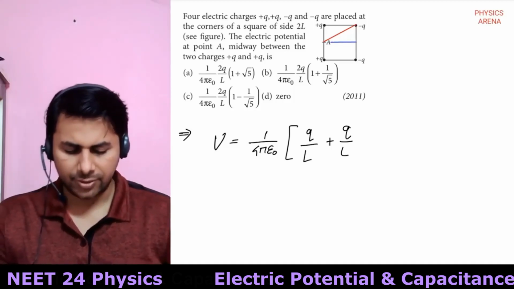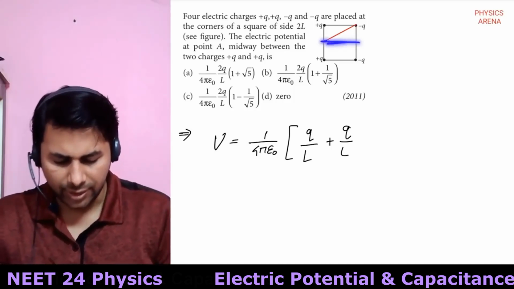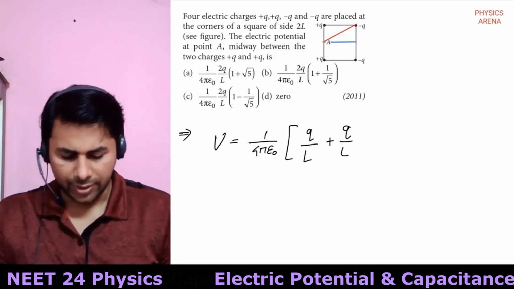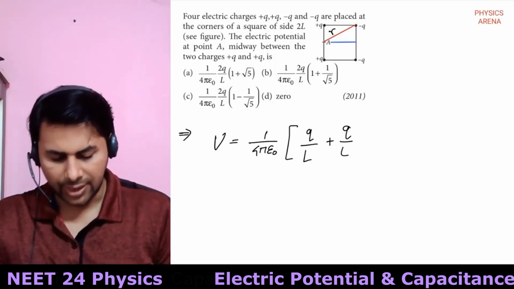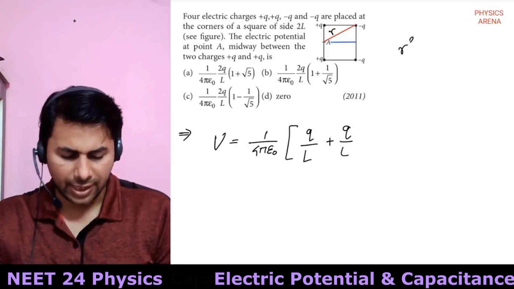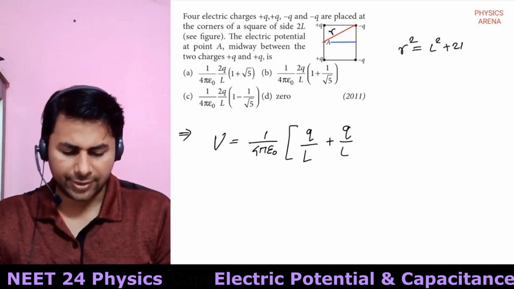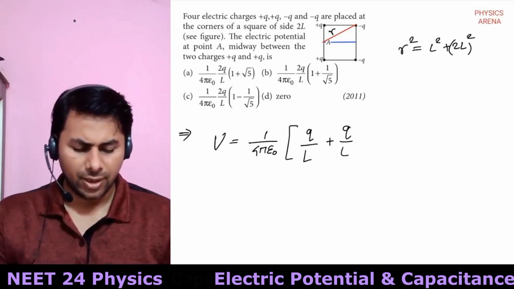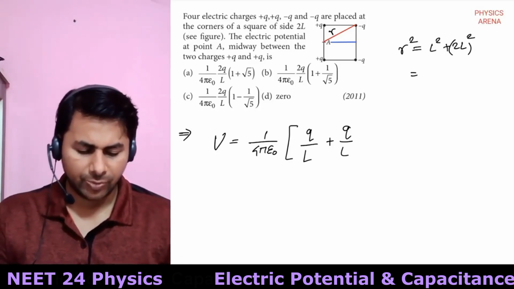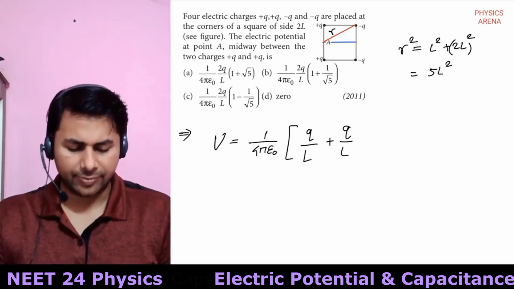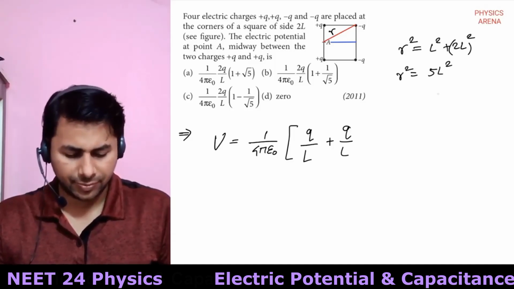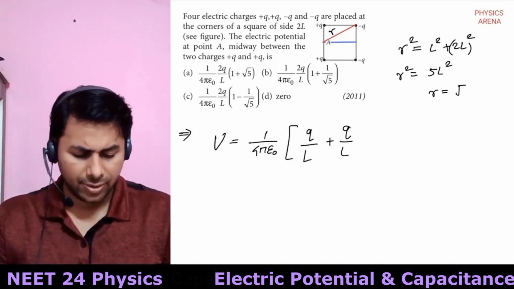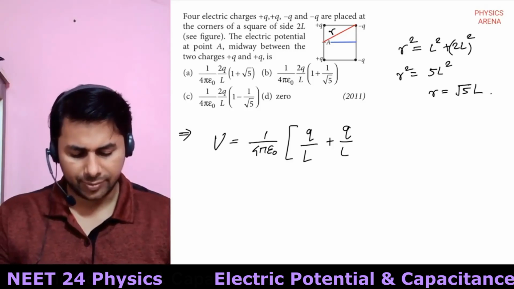Right, this is 2L, this is L. If you call this distance R, you can say R square is equal to L square plus 2L square. That is L square plus 4L square, 5L square is R square. R is equal to root 5 L.